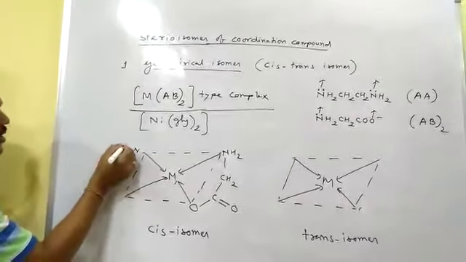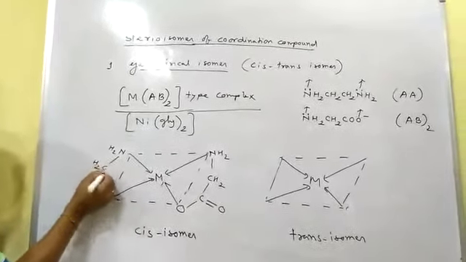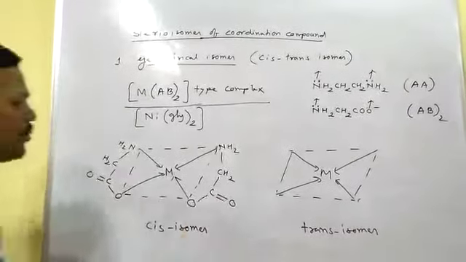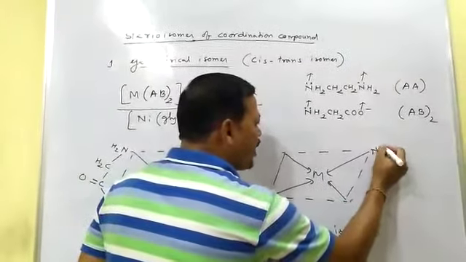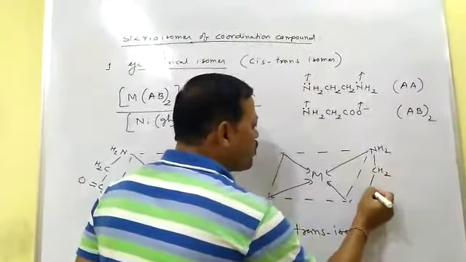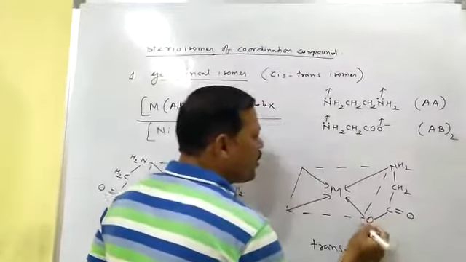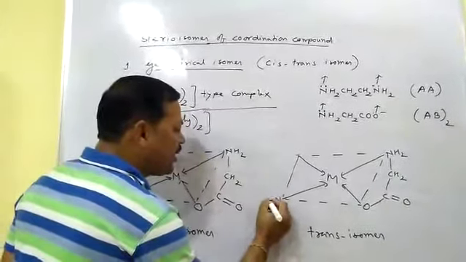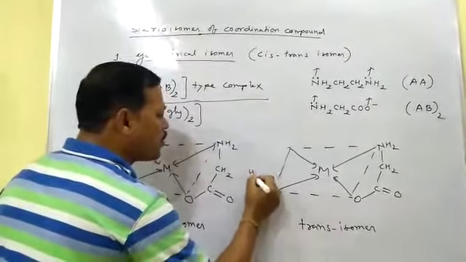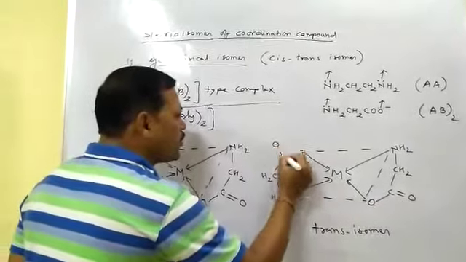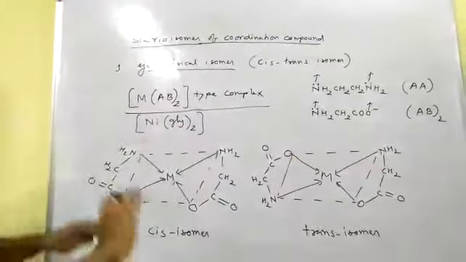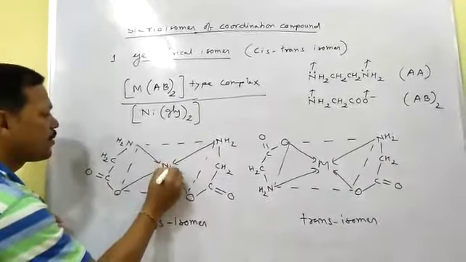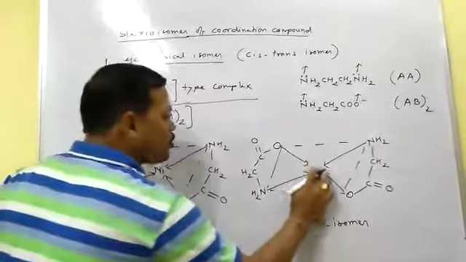Similarly, another glycinate, NH2CH2COO minus. This oxygen donates one pair. Similarly, I will draw one here, NH2CH2COO minus. Oxygen donates, produces a bond, nitrogen donates to produce a bond, and this is another ligand, NH2CH2COO minus. So both are nickel glycinate, the metal is nickel. I mean I have drawn this one. Here also the metal is nickel.